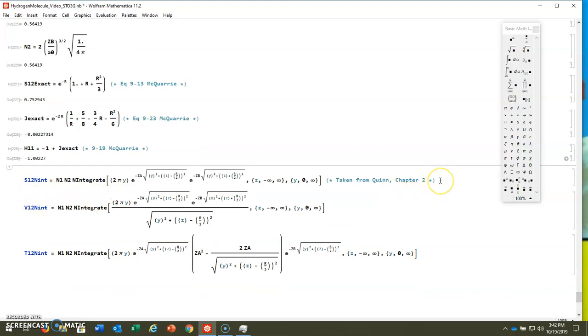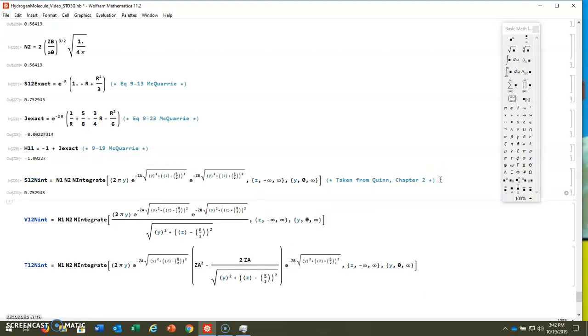And then here's a mysterious equation that I took from chapter 2 of Quinn. I really don't know where he got it or how he got it. I just found it in there, and it's a numerical approximation to get the overlap integral for the hydrogen molecule.